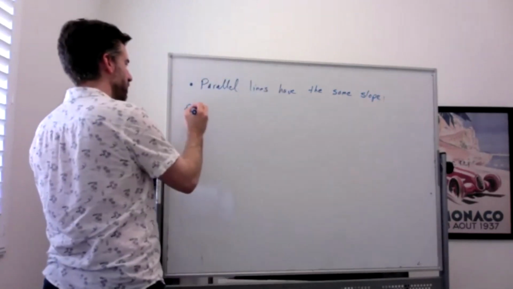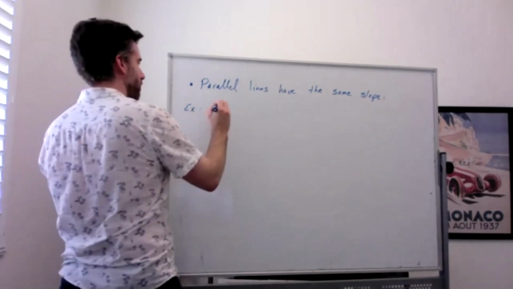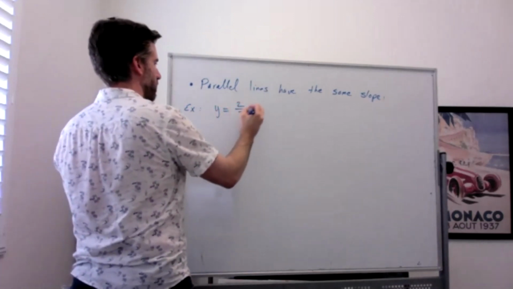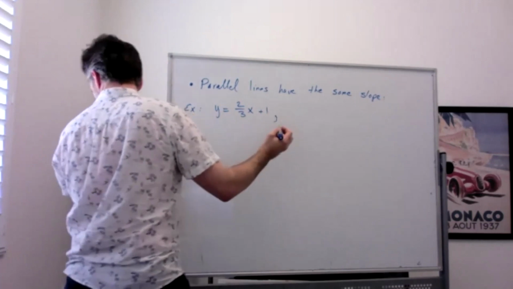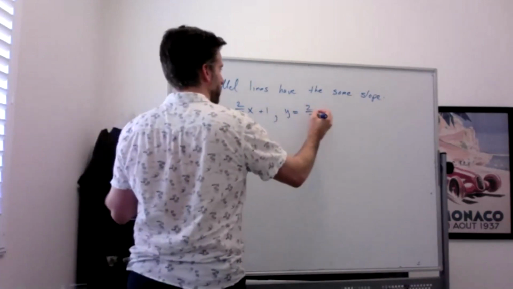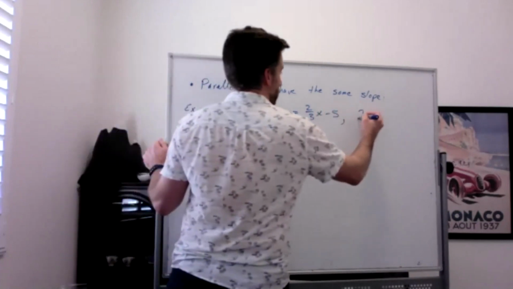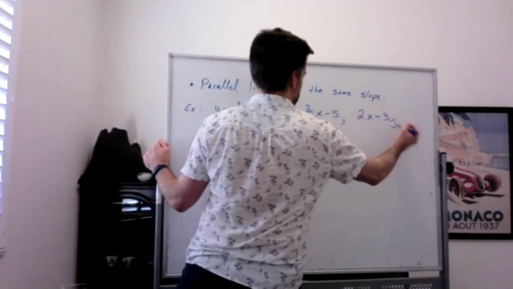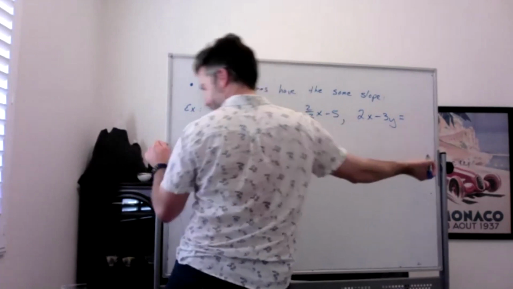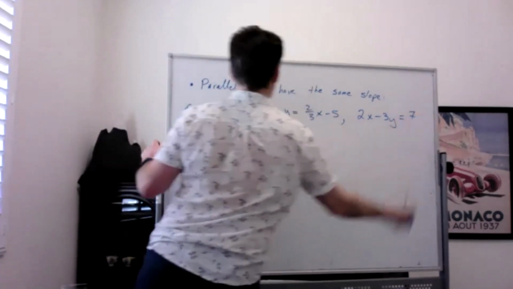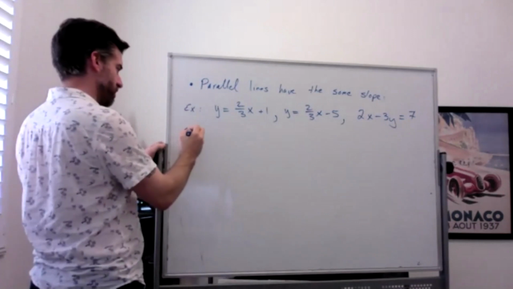So for example, what do we got here? y equal to 2/3 x plus 1, y equal to 2/3 x minus 5, and 2x minus 3y equal to 7. These are all parallel.